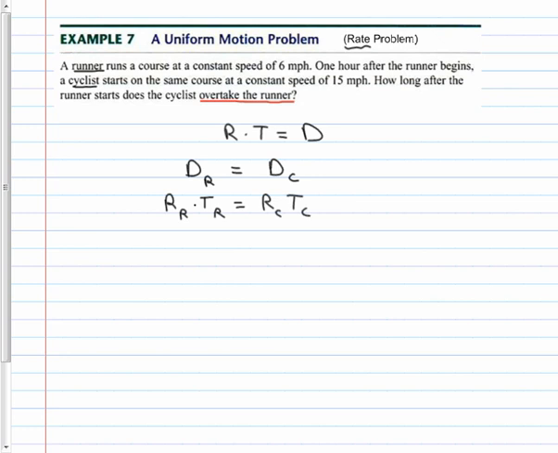Now, Johnny, you mentioned 1 hour after the runner begins, the cyclist begins. I want you to tell me, how does the time of the runner compare to the time of the cyclist? Now, I'm not just saying Johnny has to tell me, but you as a class. Read that, and you come up with the comparison in the times between the two.